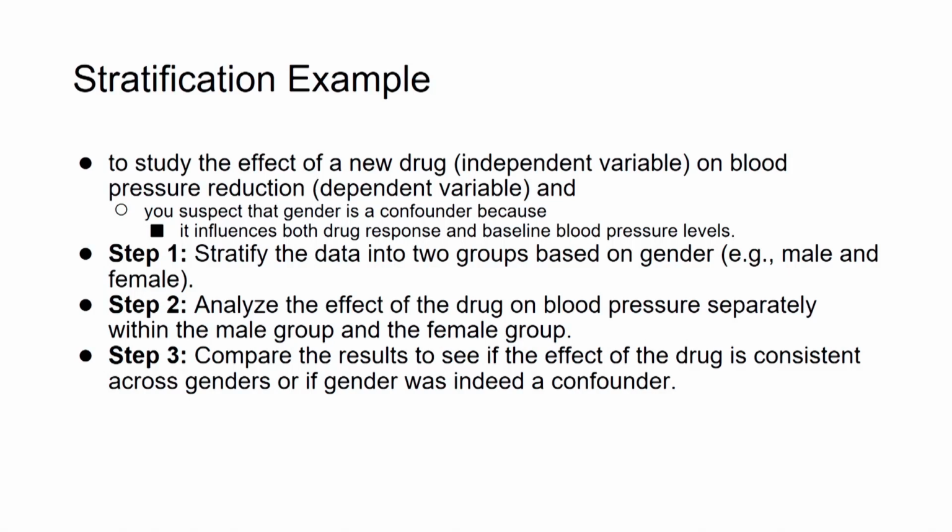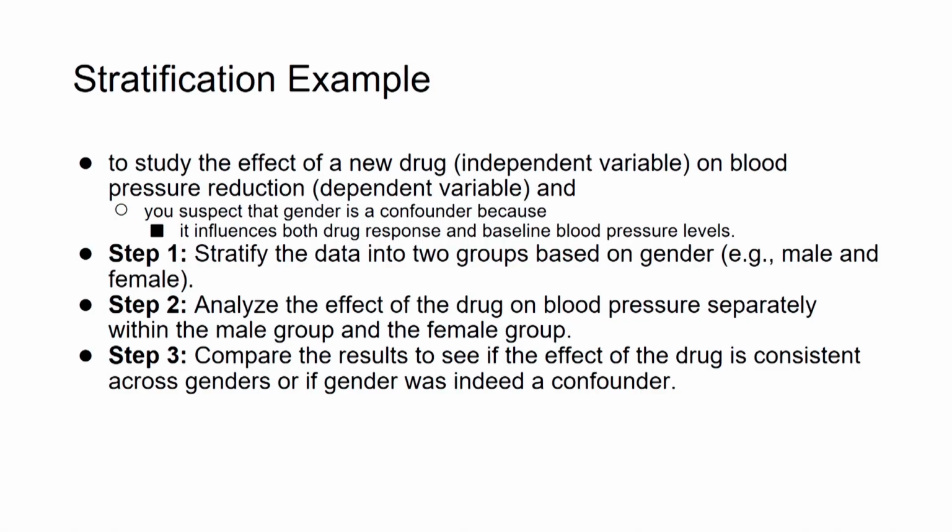Now, we are taking another example where we can see the effect of a confounding variable, and how using stratification we can take care of it. Suppose we want to study the effect of a new drug on blood pressure reduction.